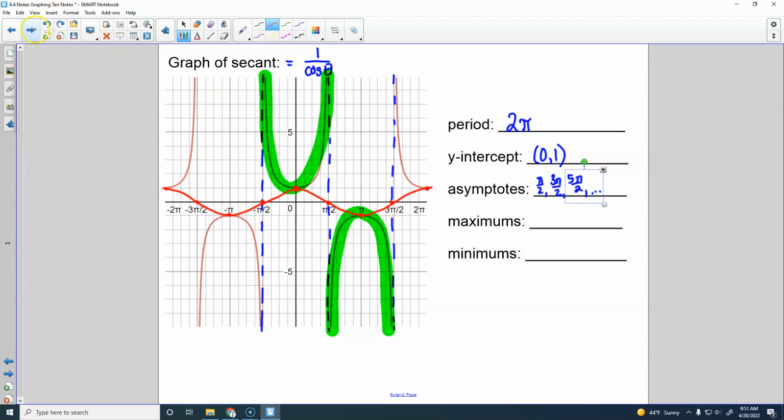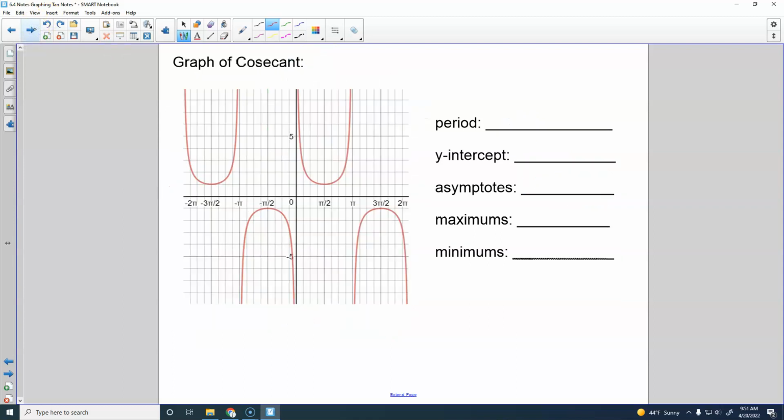Okay, let's look at the next. Cosecant also has a period of 2 pi. It does not have a y-intercept. And cosecant is going to equal 1 over sine of theta.